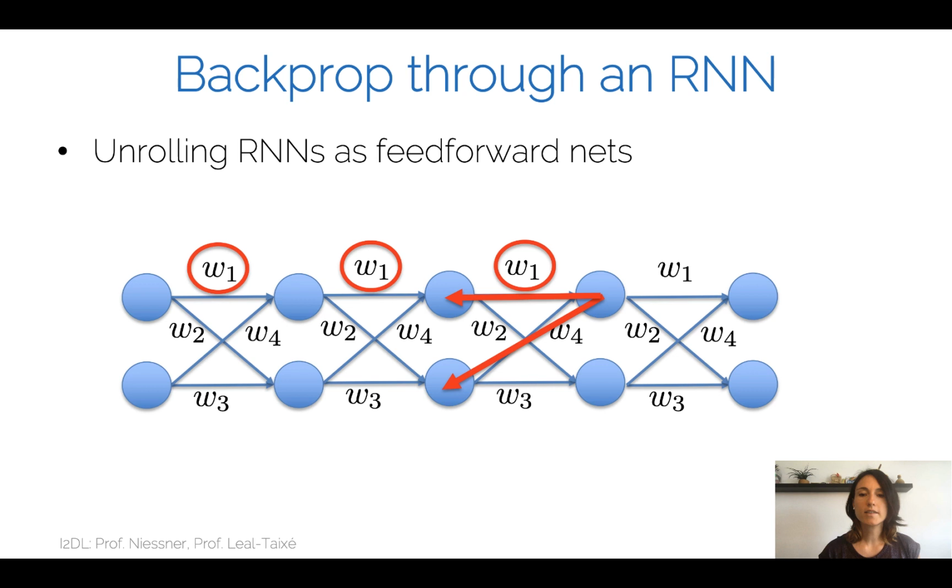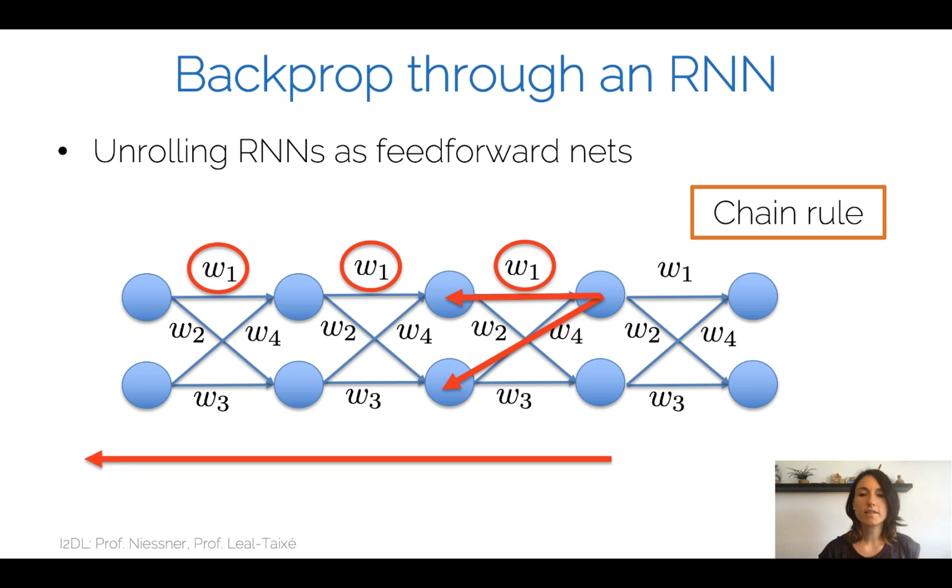Of course, this is not so simple as with feed-forward networks because we have W1 pretty much everywhere in our recurrent neural network. Therefore, we're going to use the chain rule as we did with feed-forward networks, but we're going to have to backpropagate all the way to T0 in order to exactly establish the derivative with respect to, for example, W1.